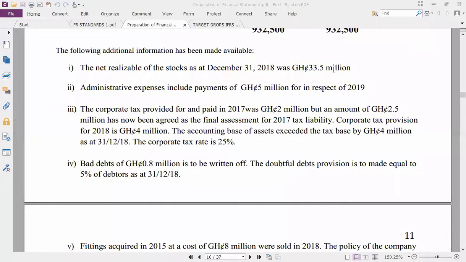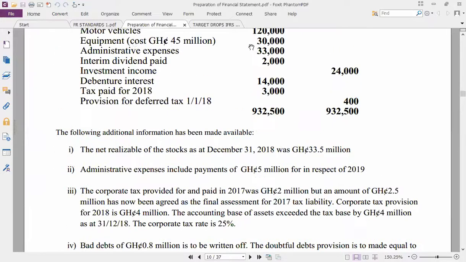So in short, if we scan through this, there was a current tax of what? 4,000 and there was an under of what? 500. However, in the statement of financial position, how do you get a tax liability? The provision made was 4,000. You check the trial balance whether they've made any payment.